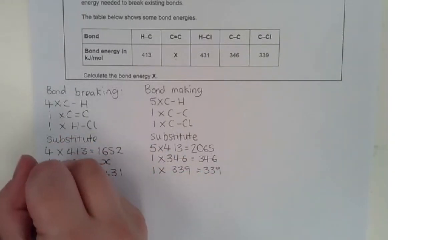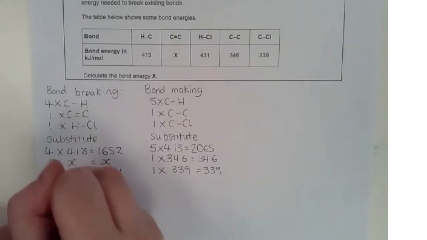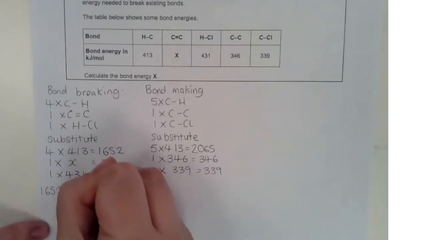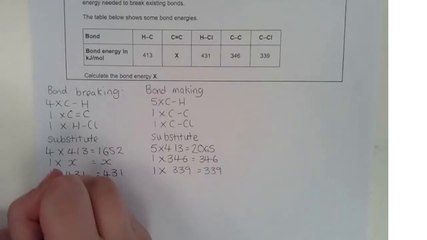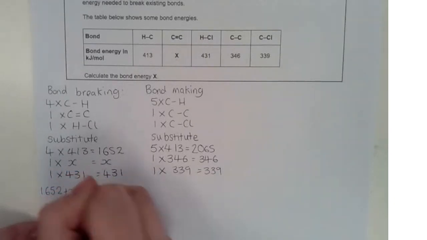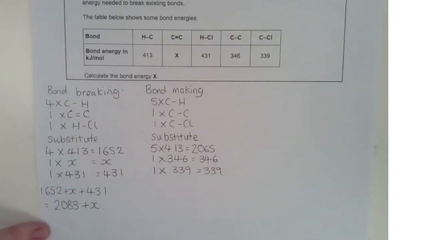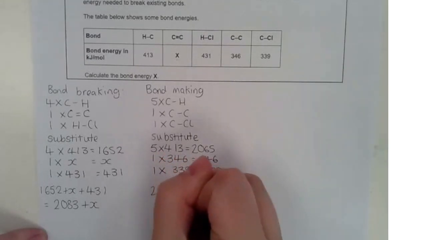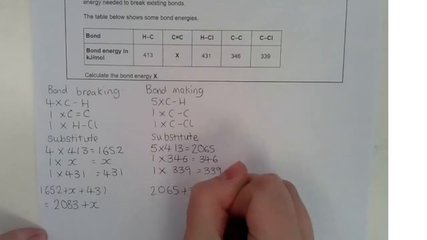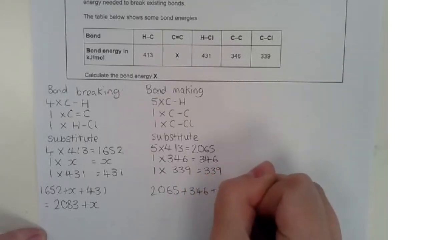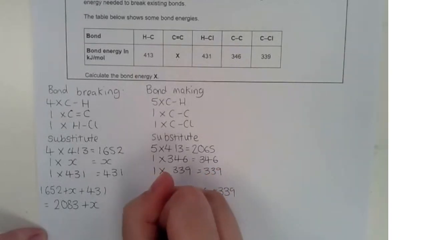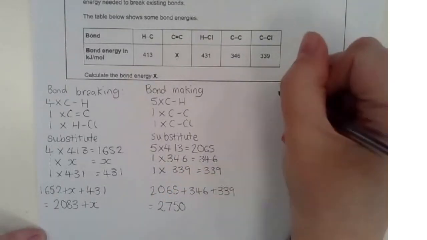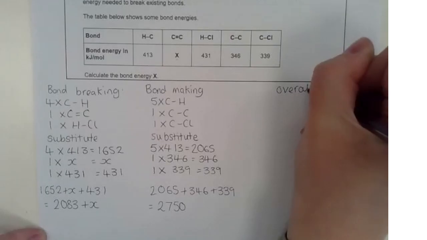So for my bond breaking overall, I have 1,652 plus X plus 431, which gives me a final answer of 2,083 plus X. I'm going to do the same for my bond making, which is going to be 2,065 plus 346 plus 339, which gives me a final answer of 2,750.